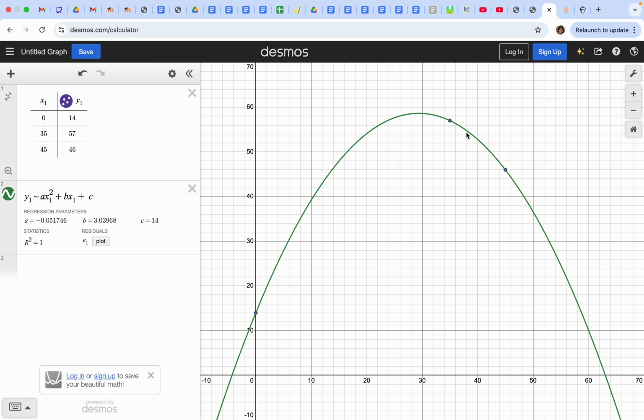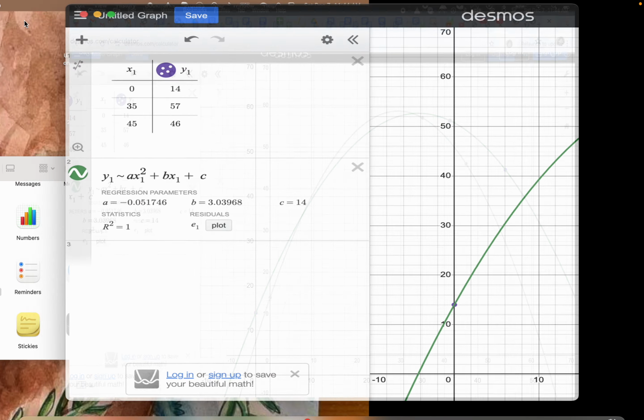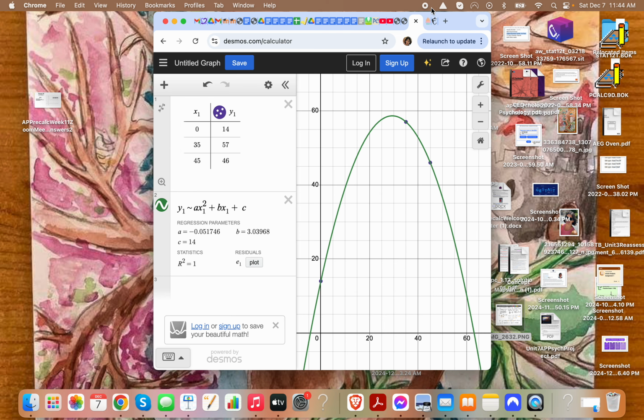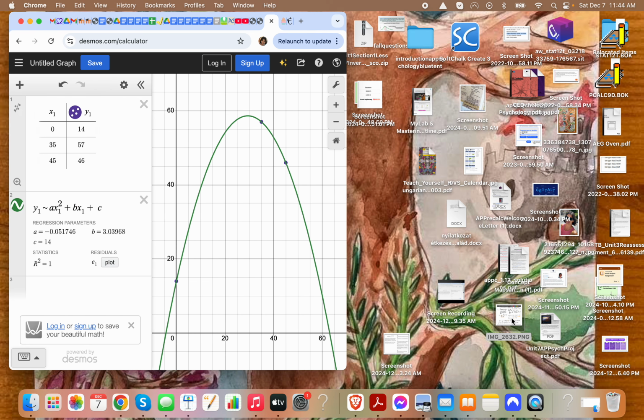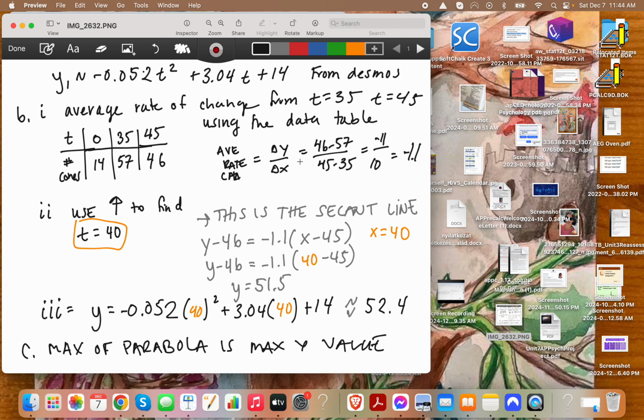The line that passes through these 2 points. And I solved this, which I think is the same way you did, right? I just simply said, okay, the average rate of change is the change in y values divided by the change in x values, and you got negative 1.1. That's not very complicated mathematically.